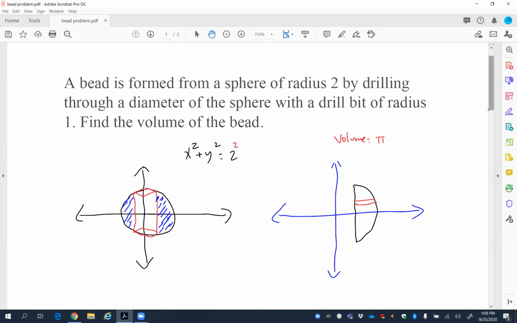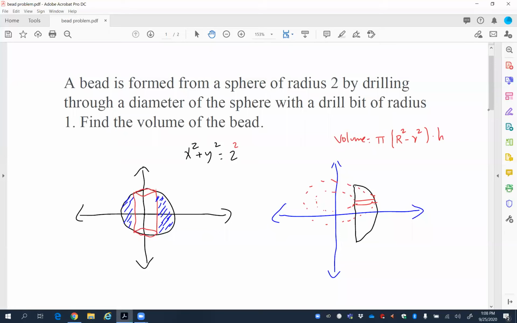And we're going to just revolve this washer around the y-axis. And the picture we're going to get after revolution of this washer would be this. You can see that there is an inner circle and outer circle. So the volume of this washer would be pi times the radius of outer circle squared minus the radius of inner circle squared times the height of that washer.